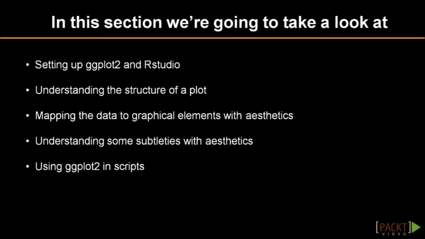of data and analysis. In this section, we're going to take a look at setting up ggplot2 in RStudio, understanding the structure of a plot, mapping the data to graphical elements with aesthetics, understanding some subtleties with aesthetics, and using ggplot2 in scripts.